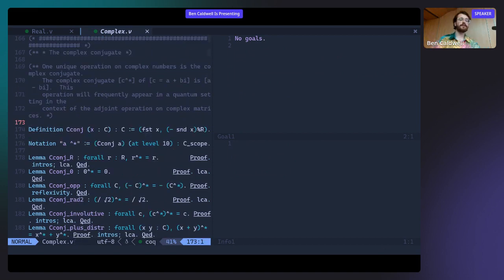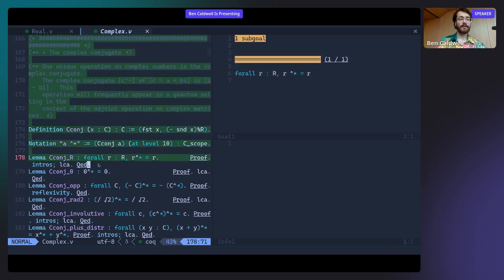Once we have this field, we then want to start to talk about the complex conjugate. Whenever you're dealing with complex numbers, it's a very important concept to have. So we just define it very quickly: negate the second part of the pair, which is the complex part. We give it a notation, caret star there. And then we can start proving facts about it. But because it's really just doing these very simple algebraic operations on reals, things like LRA or LCA are able to take care of it.